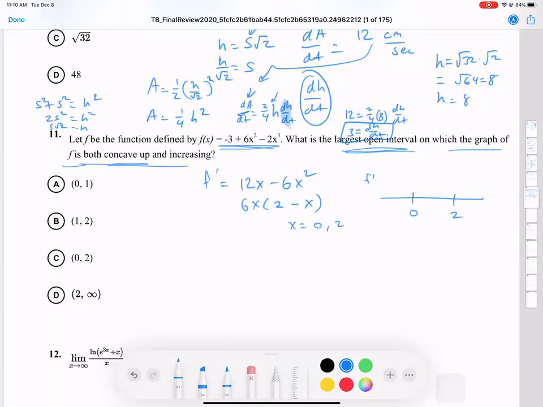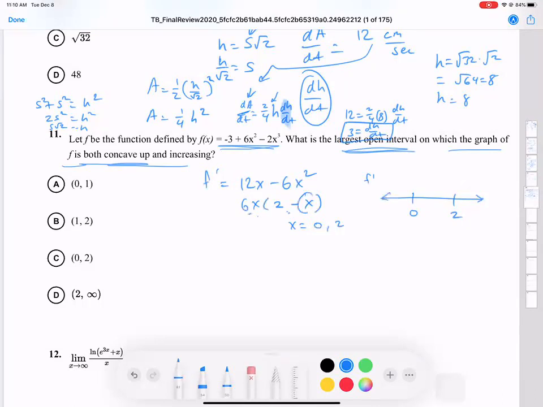Now, when is this graph increasing and decreasing? Well, go ahead and plug in values quickly. If I pick a number that's really big, really positive, this is negative and this is positive. Oh no, I made a mistake.